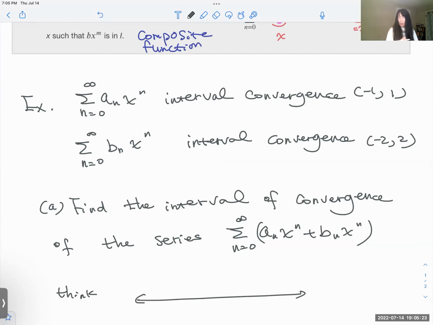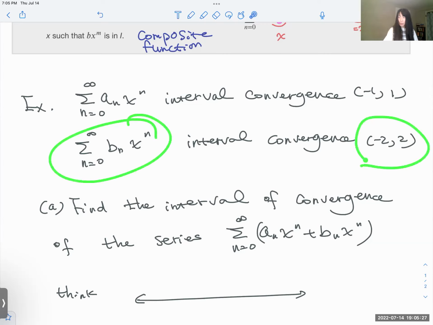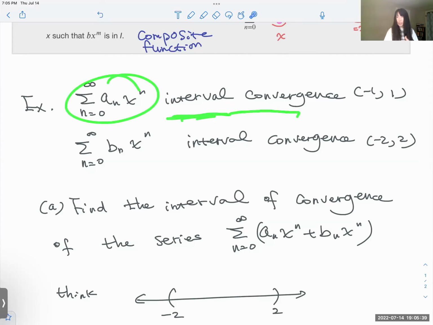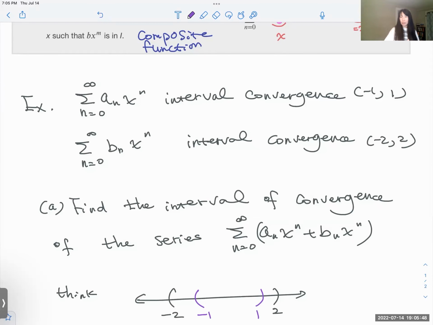The second series has the interval of convergence between -2 and 2, right? Then the first one has the interval of convergence -1 and 1. Then what's the common interval?